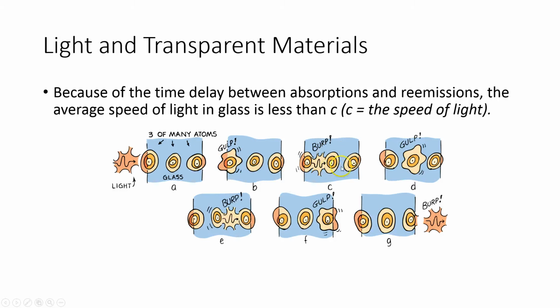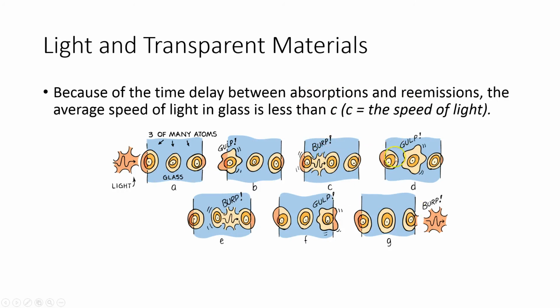That goes to the second one. That second one gulps it, and then burps it to the third, and that gulps, and then it burps it. Because of this process, light actually travels at less than c, and c is the abbreviation for the speed of light. So because of all these absorptions and re-emissions, or gulps and burps, glass actually slows light down a little bit.